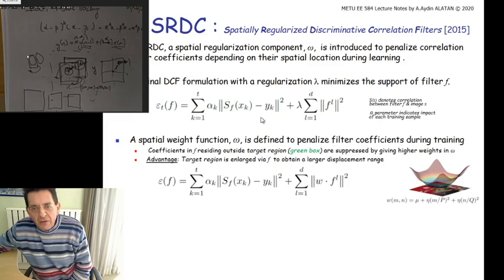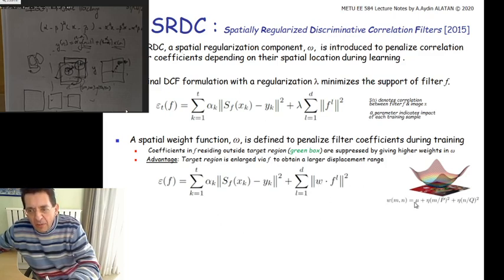The only difference between these two is here. This filter is multiplying with a regularization component, therefore, a special term. If this green box is your target, but if this guy is moving the head a little bit high for a large displacement, then you cannot find it by only considering the green box DFT.